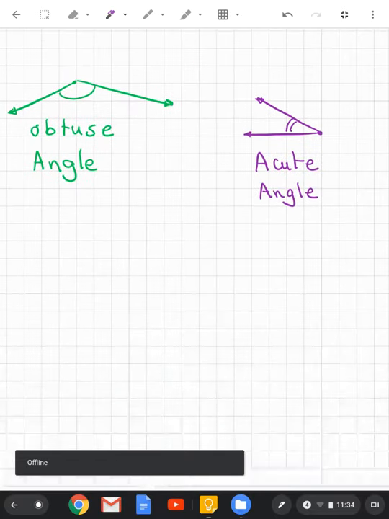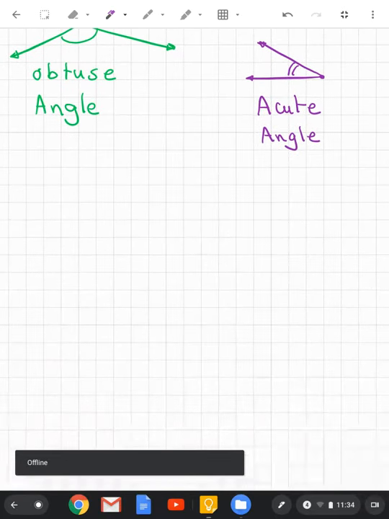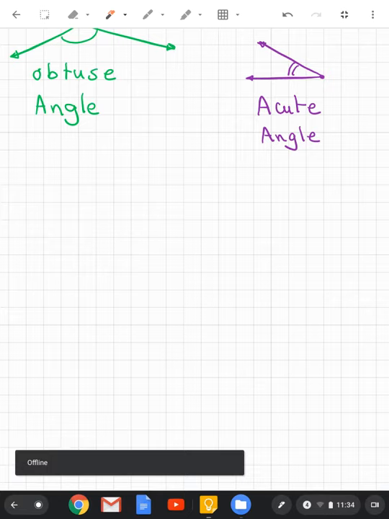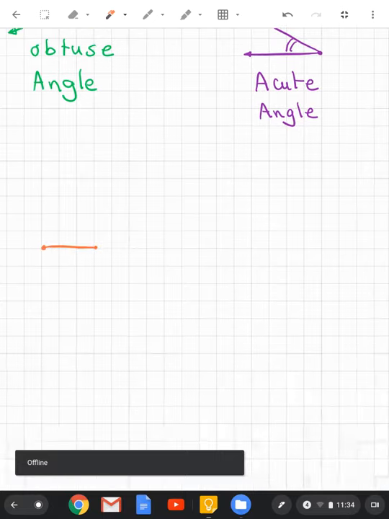Another angle. Yes, this is right angle.